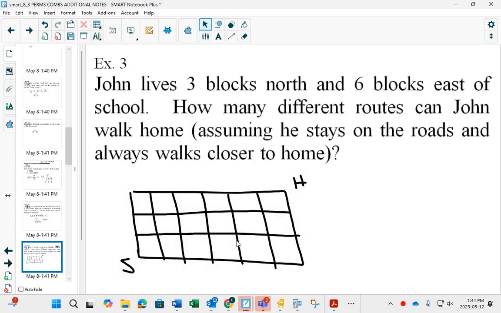I showed you two different ways to do this. If he's always going from school to home, he's going to have to go north 3 times and east 6 times.